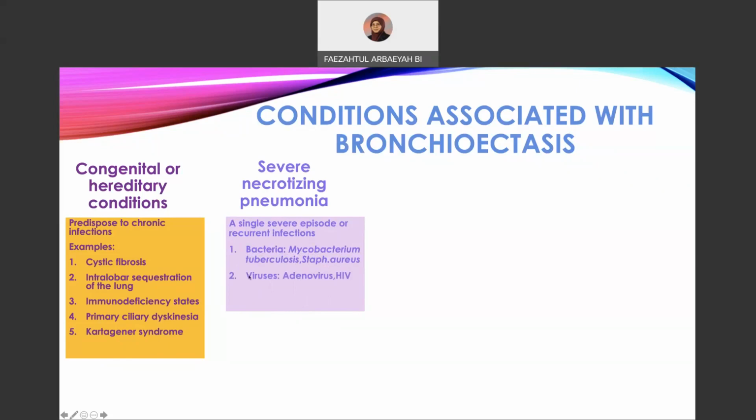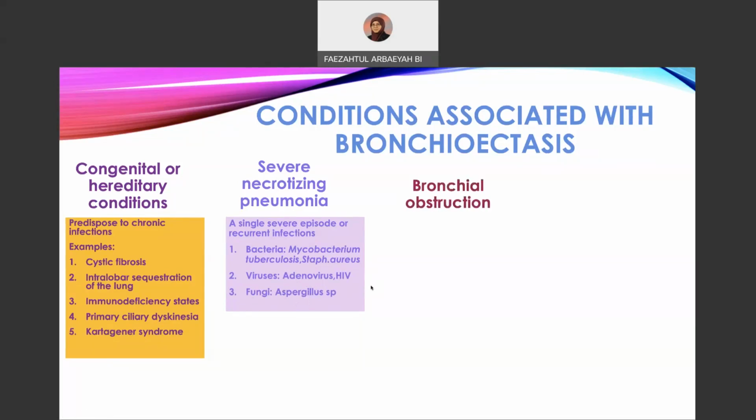Viruses, for example, adenovirus or any respiratory virus, even HIV. And thirdly is the fungus. Aspergillus is one of the virulent fungi that, if it attacks the lung, requires a very high dose of antifungal treatment.